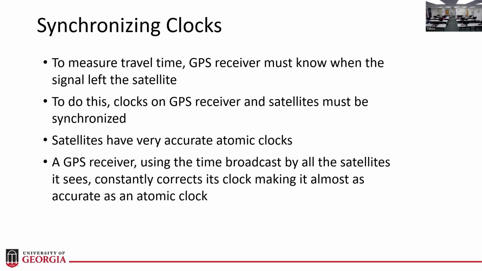So to measure travel time, again, the GPS receiver must know when the signal left the satellite. To do this, the clock on the receiver is going to be synchronized with the atomic clocks on the satellite. So every time a GPS receiver receives signals from satellites, it adjusts its own clock based on the information that it received from each satellite.